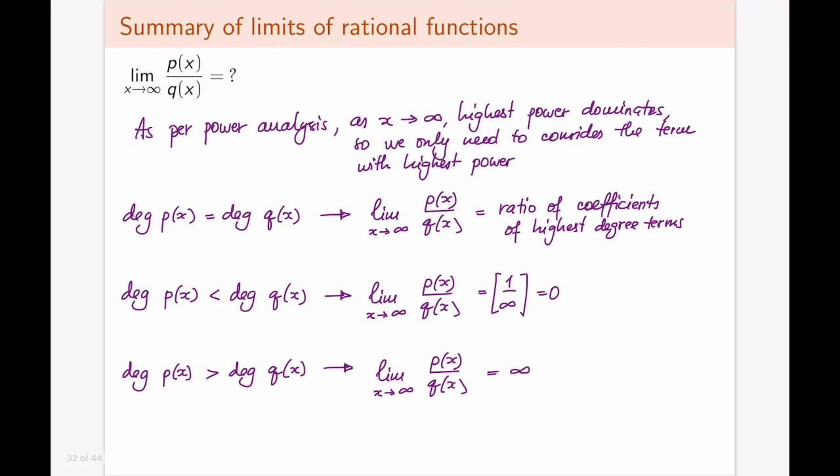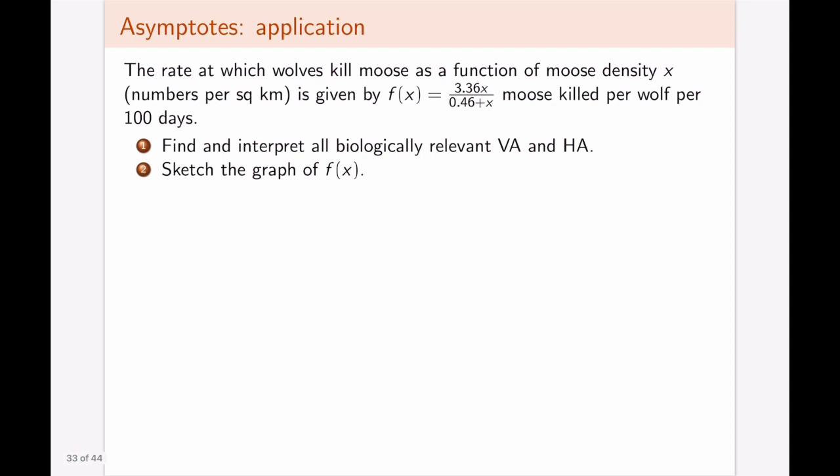Now let's take a look at an application of the asymptotes to one very particular case. So what we have is the rate at which wolves kill moose, and it's given to us by this particular function. Now, this we already should recognize as a function of a particular form. This is a linear hill function.